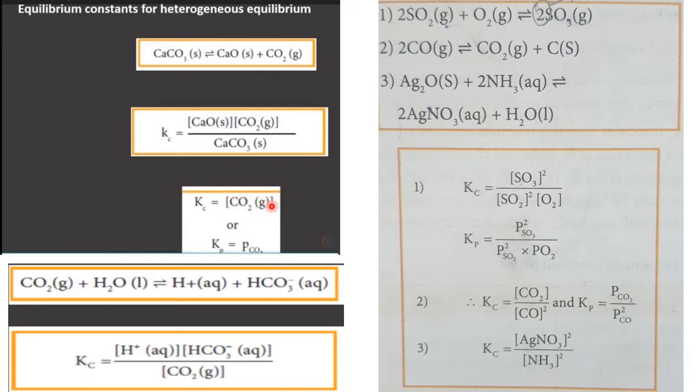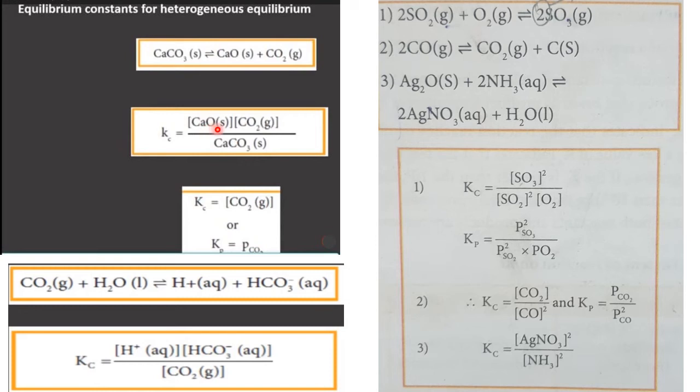Whenever you are taking pure solid, the molecules are only at fixed positions. They are not moving here and there; they are at fixed positions. So the concentration of pure solids is not changing.